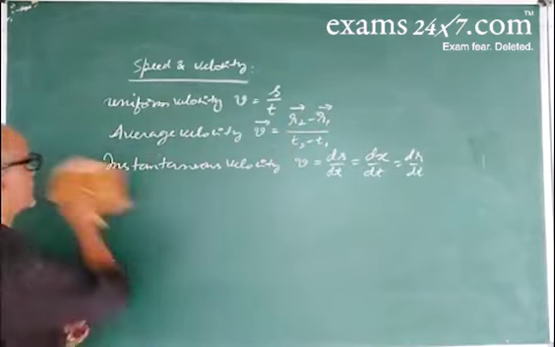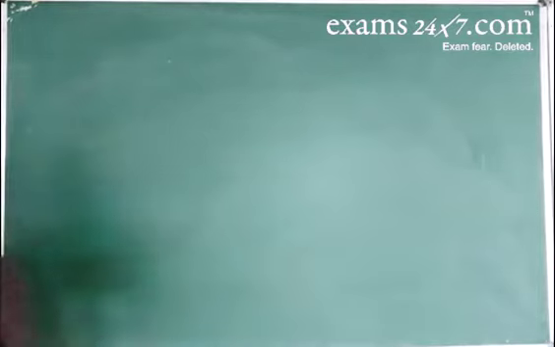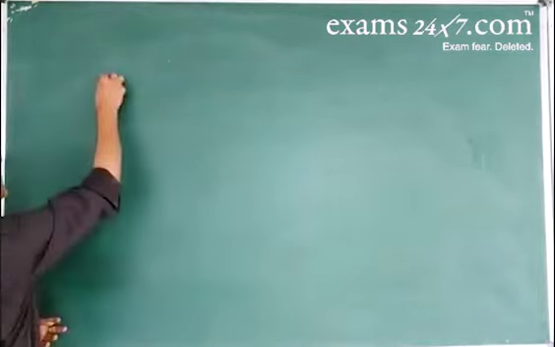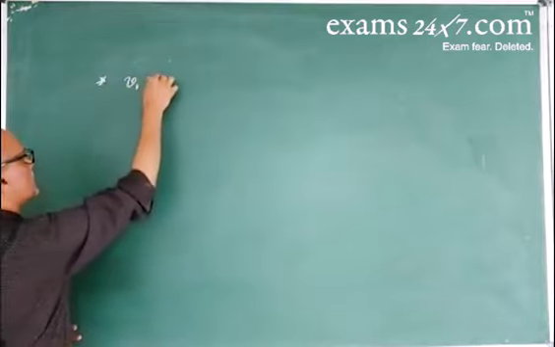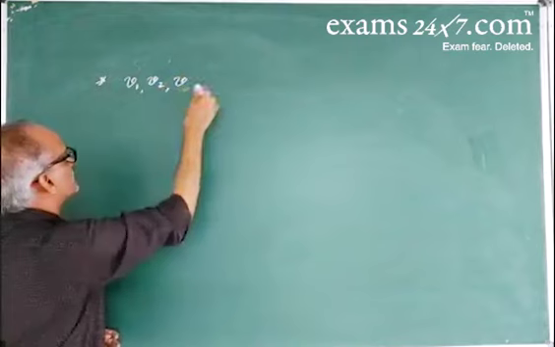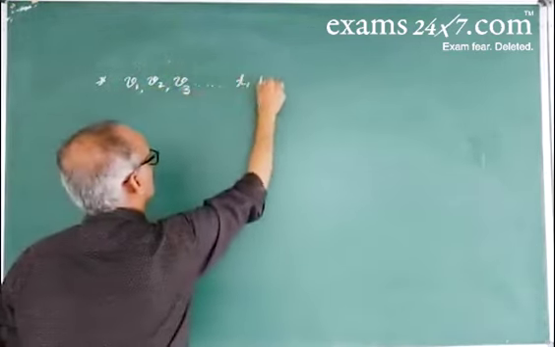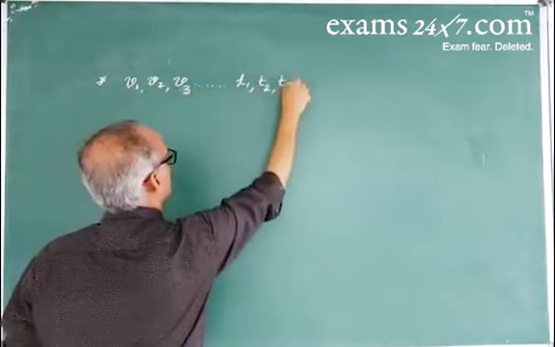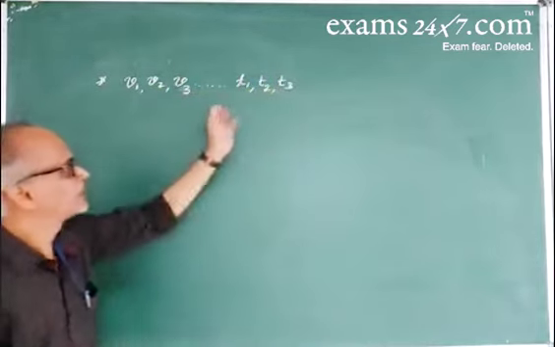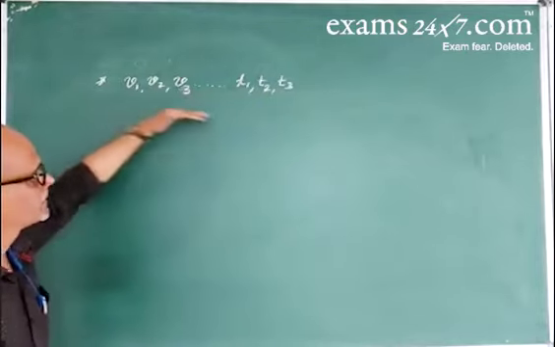So few special cases we are going to learn now. So let us consider a particle moves along a straight line with speed v1, v2, v3 in time t1, t2, t3, and so on. So what is the average velocity in this case?